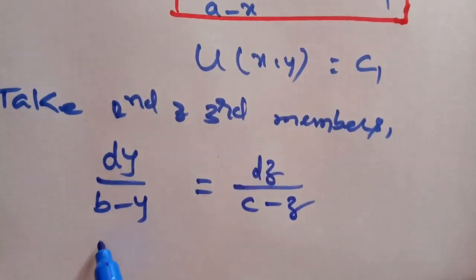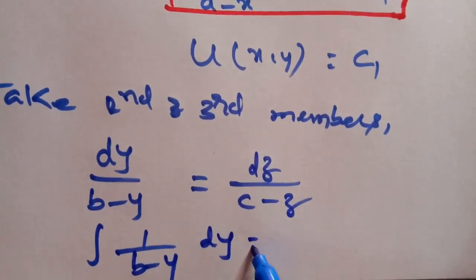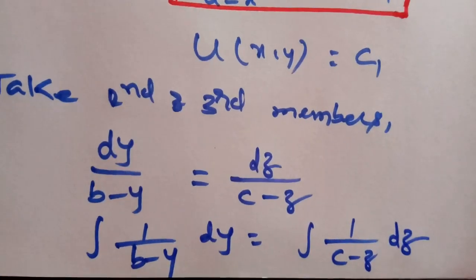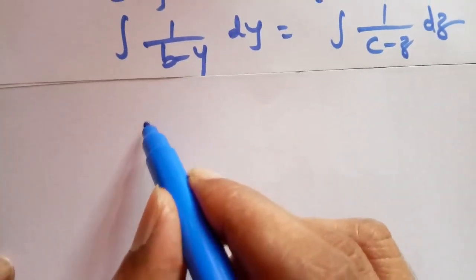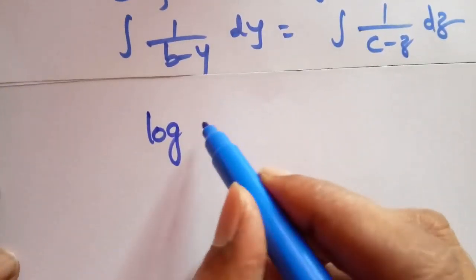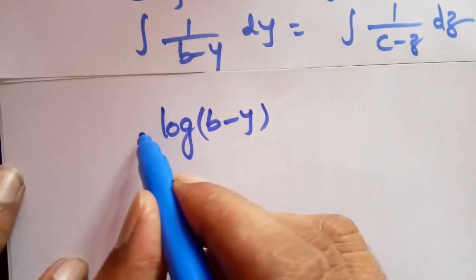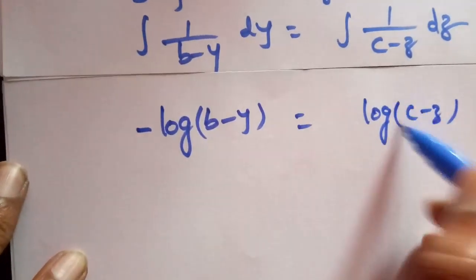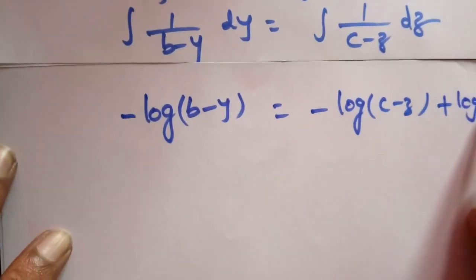Therefore, integrating on both sides, integral of 1 by b minus y dy is equal to integral of 1 by c minus z into dz. Integration of 1 by b minus y is log of b minus y by minus 1, that is minus log of b minus y, is equal to log of c minus z by minus 1 plus log c2.